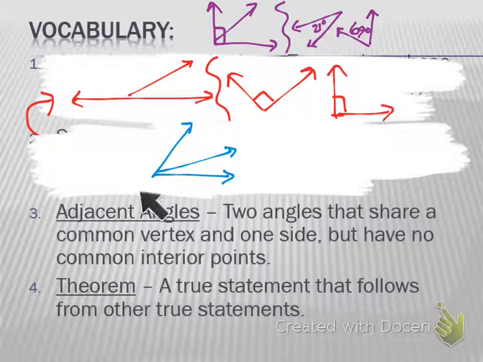Okay, so they've got this common vertex down here, and they have one side that they share. Common vertex, share a side. But they don't overlap each other. So that's what that last part means about the common interior points. No point that you pick on the interior of this top angle is also going to be on the interior of the bottom one.